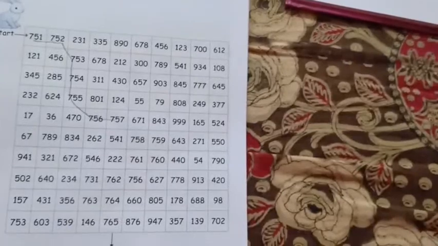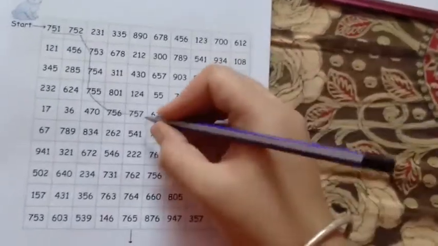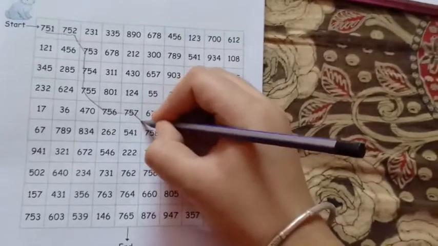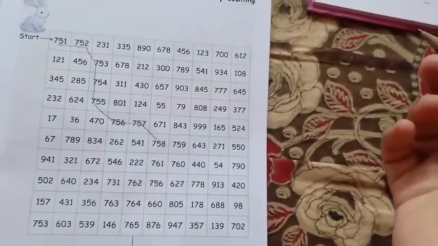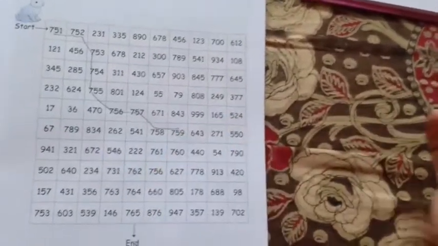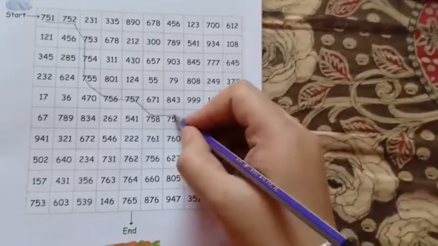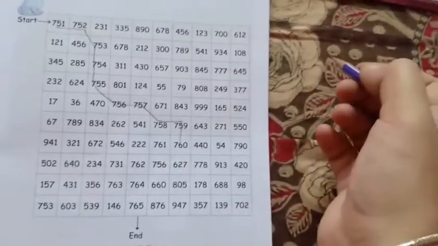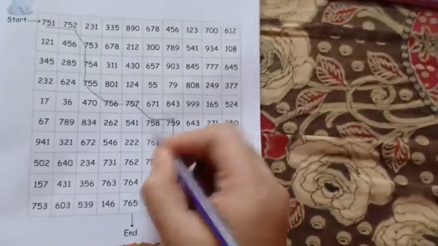Then after the 757, 758 is there. Okay, what will come after 758? 759. After 759, 760. After 760, 761.